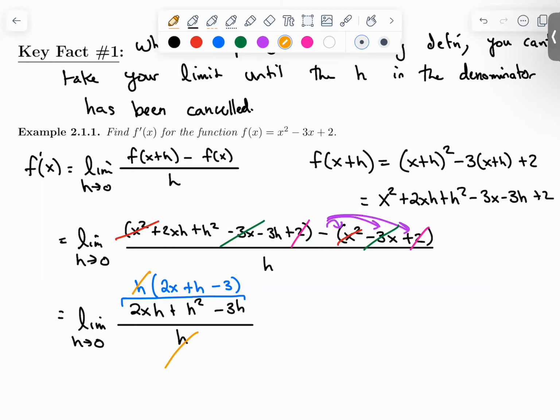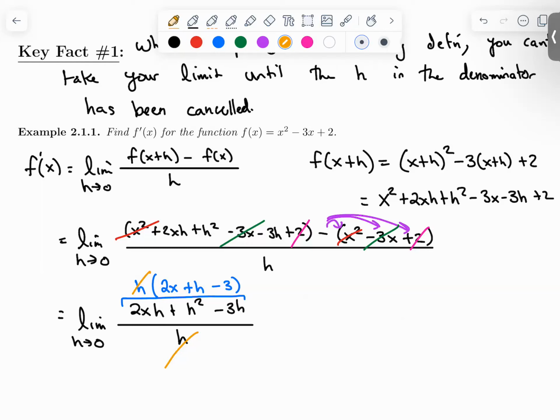It tears my heart apart when I see a student do what I just did with red, because then you were so close to the answer. You were just one more step from being done and getting full credit, but then I have to take away points, and I don't like taking away points if I don't have to. So the h is canceled.